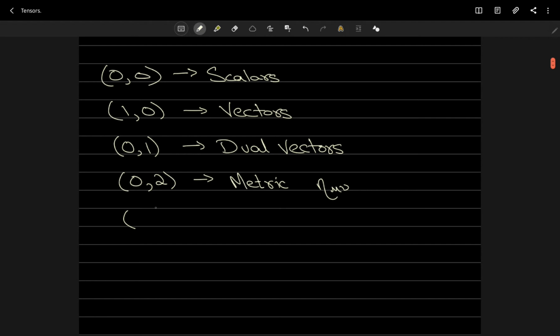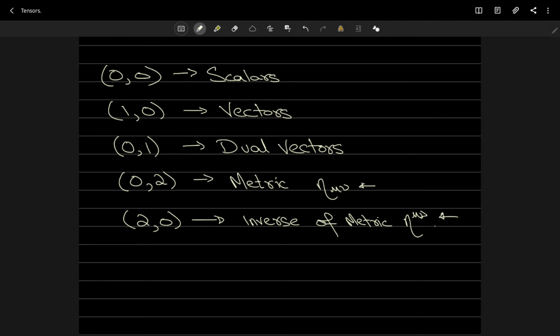If you shift the 2 over here, that is, if you write (2,0), what is that? Well, that is simply the inverse of the metric. So what would that be if you were to write eta^{mu nu}? Here you have covariant and here you have contravariant.